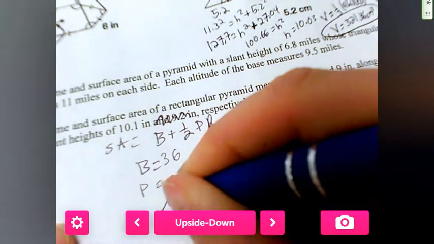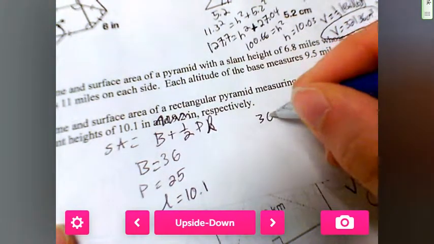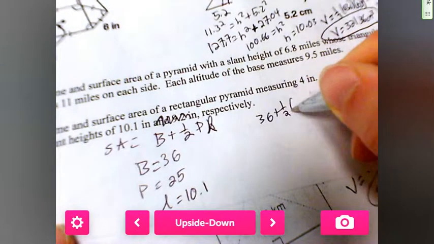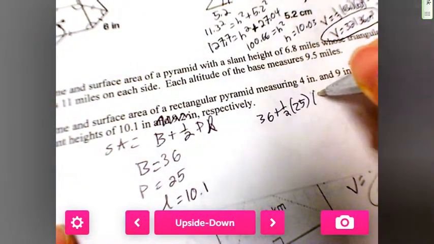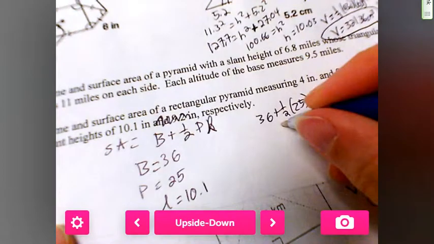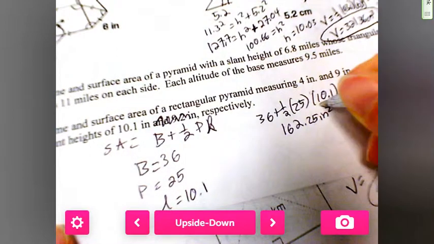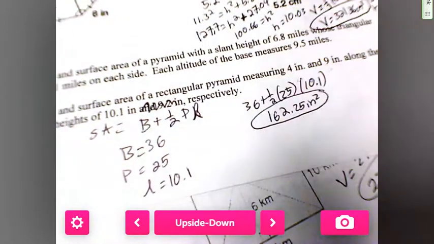And my slant height is 10.1. So we're going to go 36 plus 1/2, 25 times 10.1 gives me 162.25 inches squared. Questions about how I found the surface area before we move on to the volume?